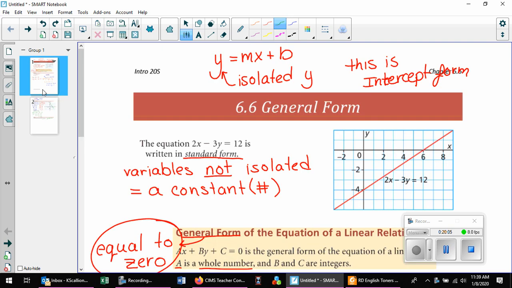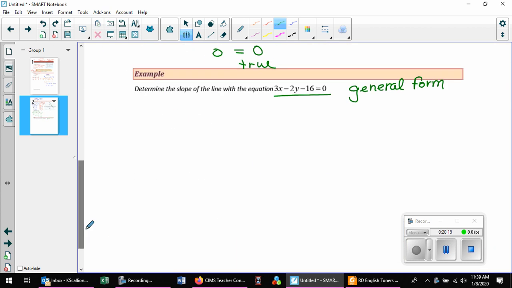So this is the only one, if I rearrange it to a single y, that shows me the slope.